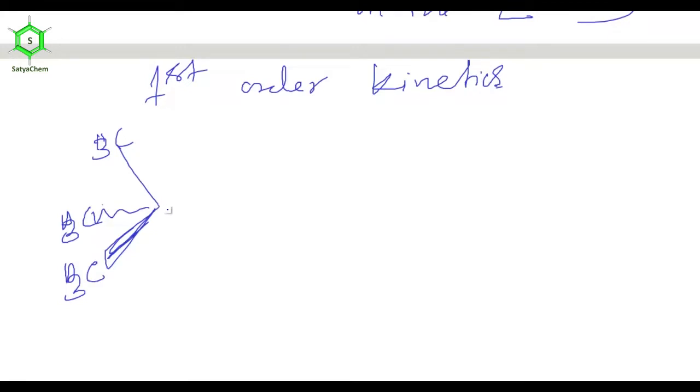Clear? Chlorine leaves from the system. If chlorine leaves from the system by taking up the bonded electron pair, then what will be the intermediate? What will you get? Carbocation. Very simple. I already showed you the formation of carbocation. Just see my previous video, reaction intermediate.